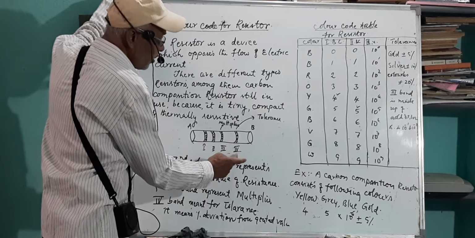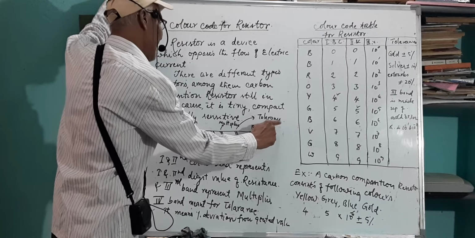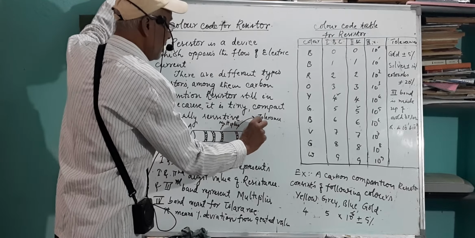Now if the fourth band is there, the tolerance, as I said, is nothing but the percentage variation from the quoted value.